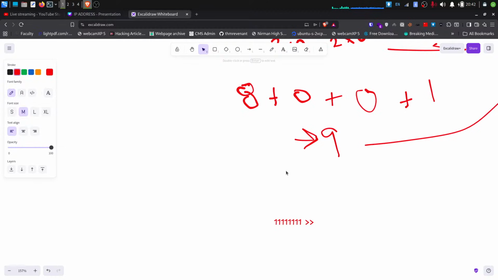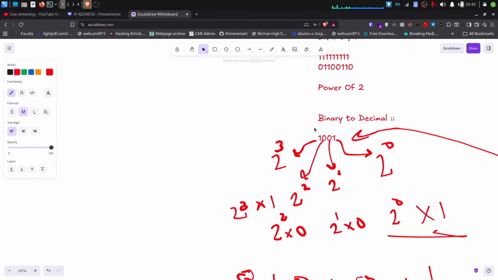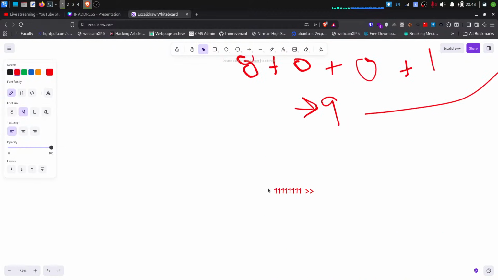And these eight binaries, this is a set basically, is equal to 1 byte, or we can say 8 bits. Okay, 8 bits equals 1 byte. I can just write it down: 8 bits is equal to 1 byte.